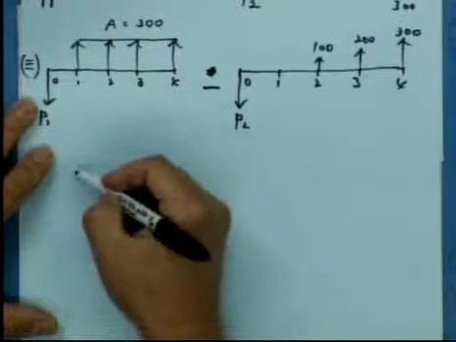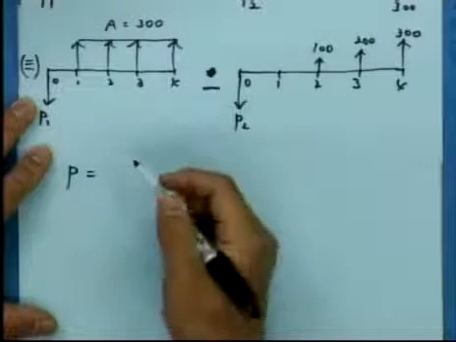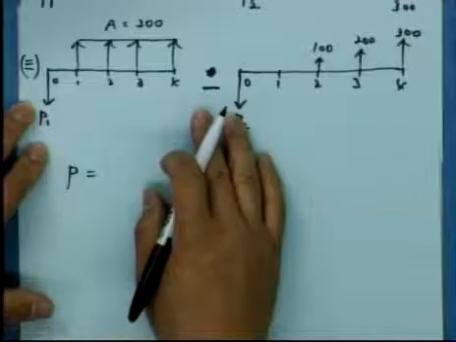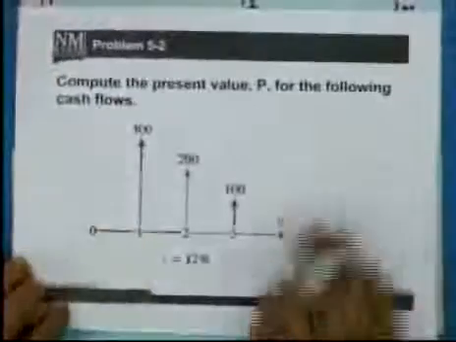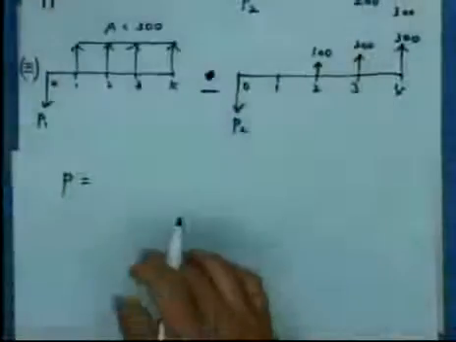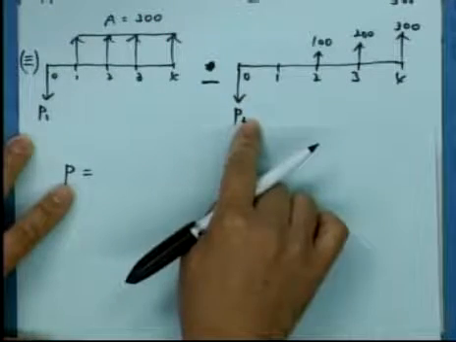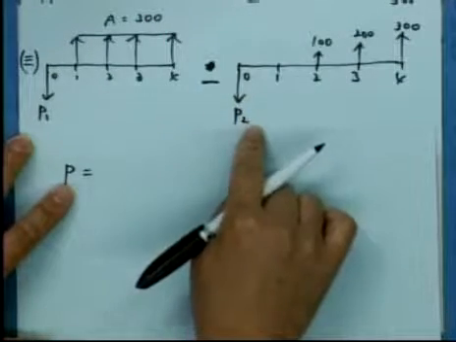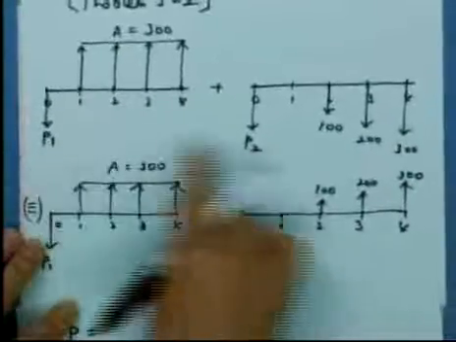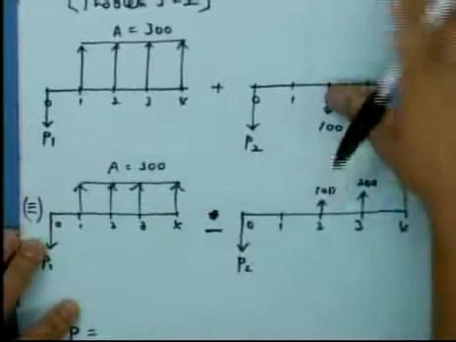So here, the present value P from the original cash flow can be obtained by summation of P1 plus P2, or in this case, P1 minus P2, right?